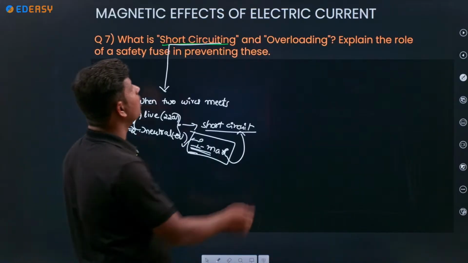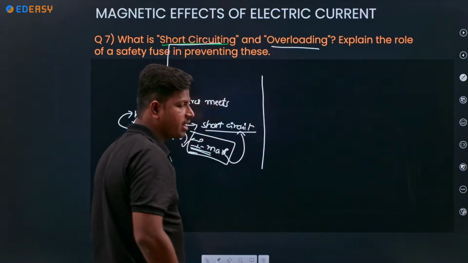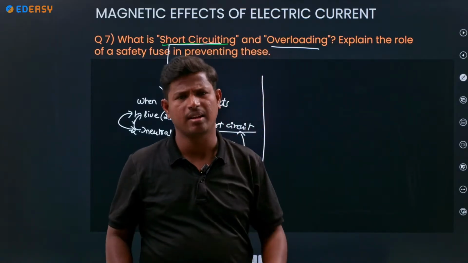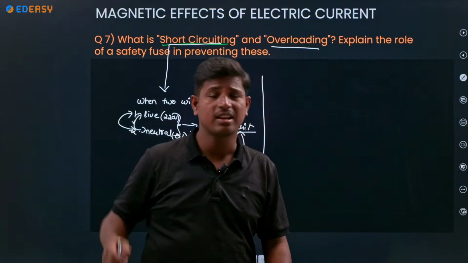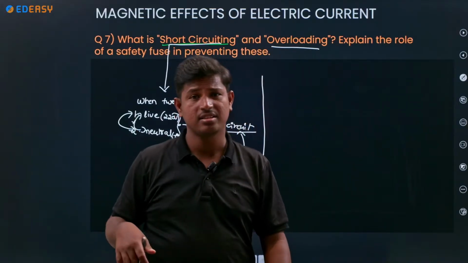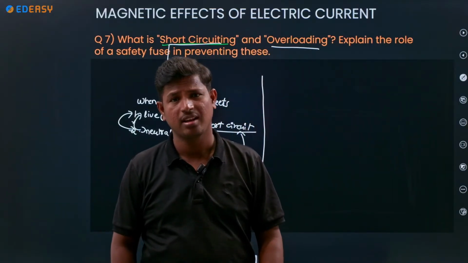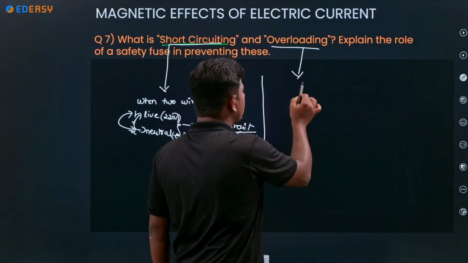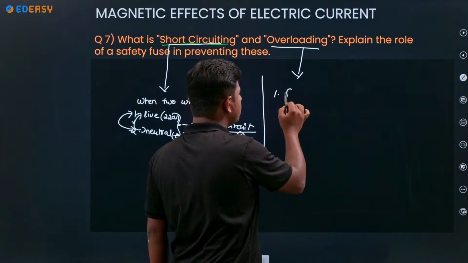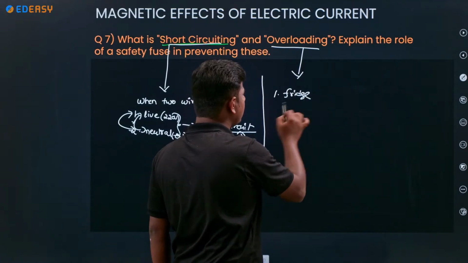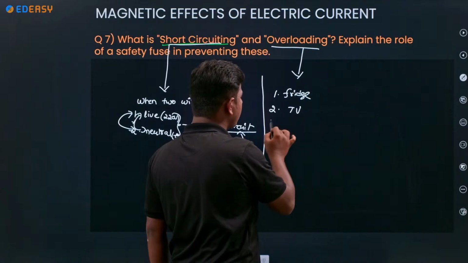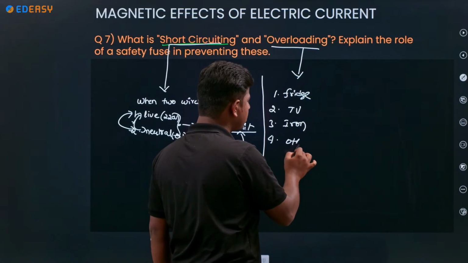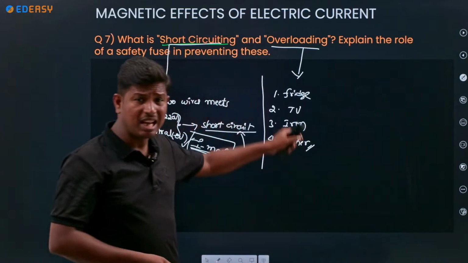Next, overloading. For example, I can manage 20 kg weight at a time. If I add another 10 kg, it is not possible for me, right? I will fall down. Here also, overloading means I connect the fridge, the TV, the iron box and other applications at a time.